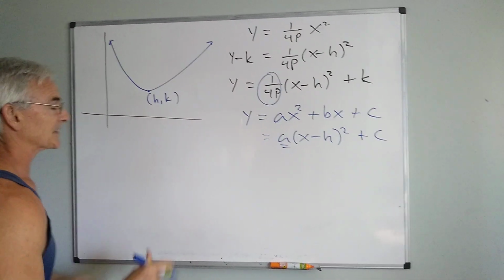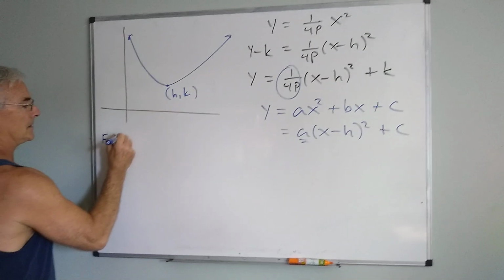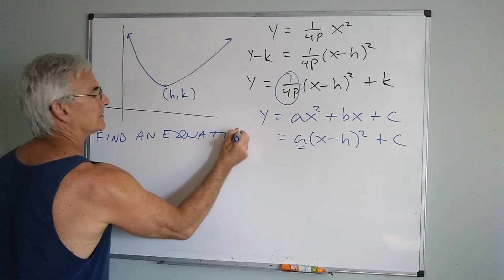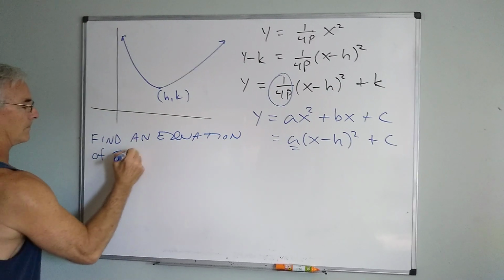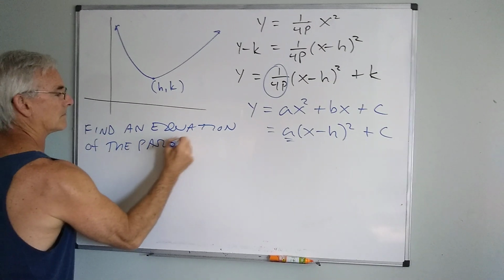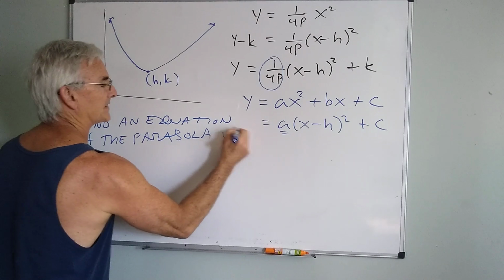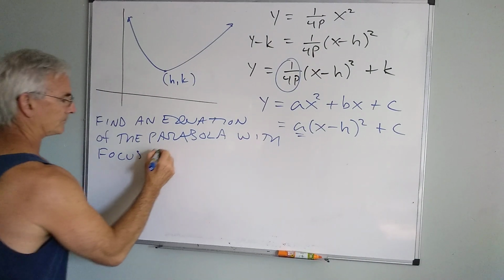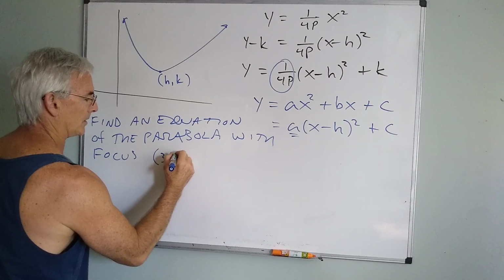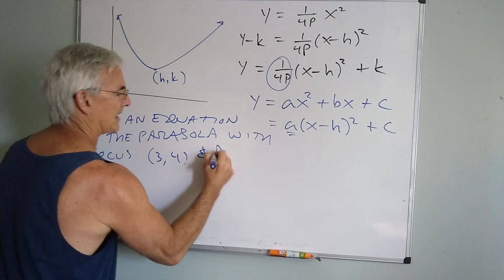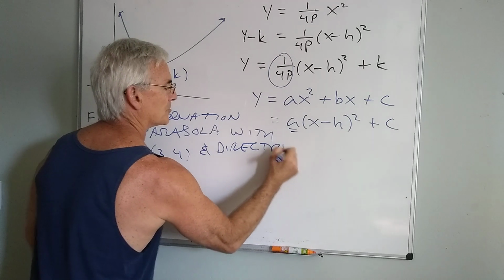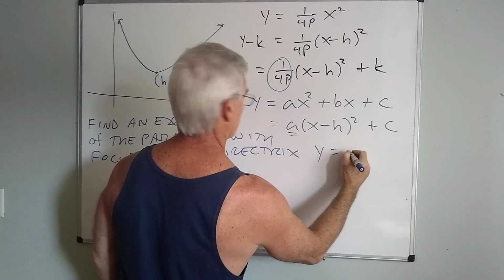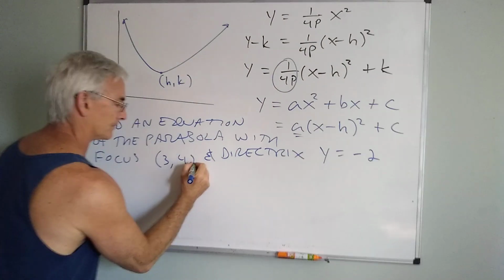So let's do a simple example. Let's find an equation of the parabola with focus 3 comma 4 and directrix y equals negative 2.